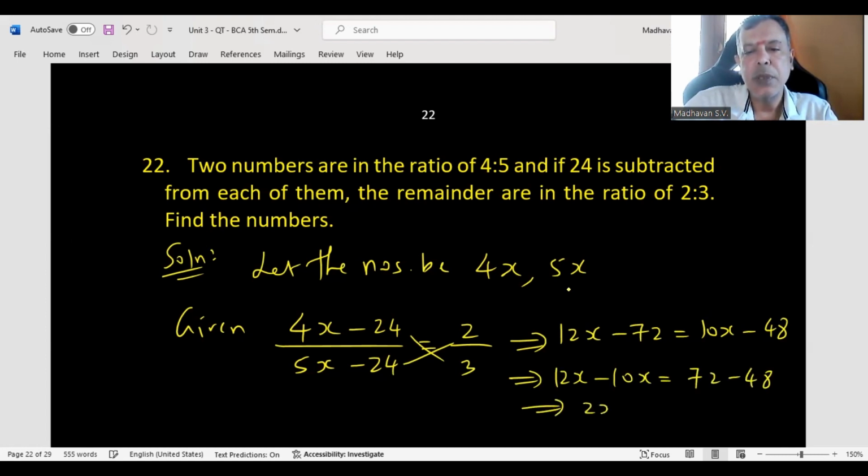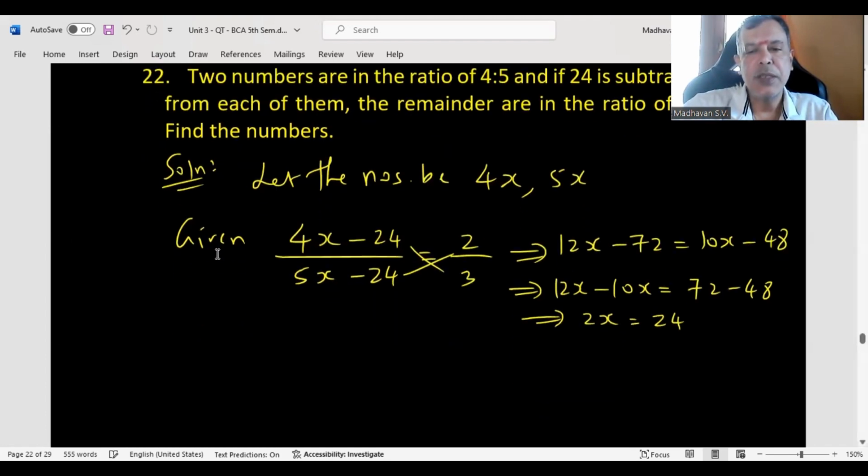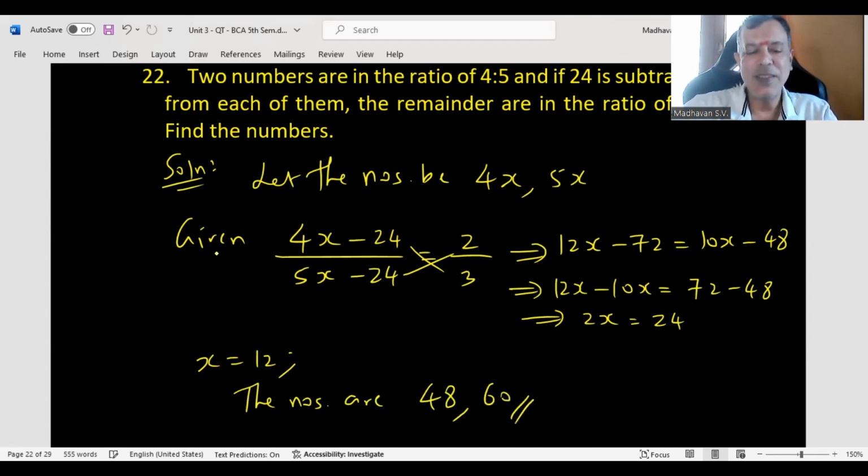So that becomes 2x equal to 24, which means our x is 12. Now, since x is 12, the numbers are 4 into 12, 48, and 5 into 12, 60. So that is the solution for this question. Let us move on to the next.